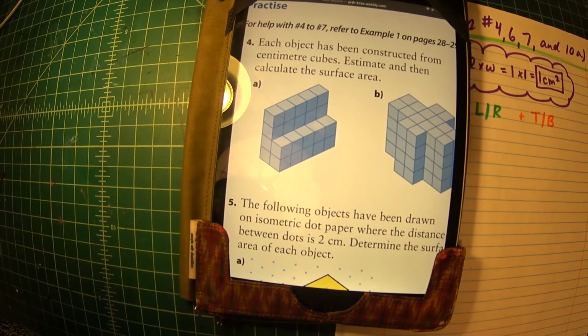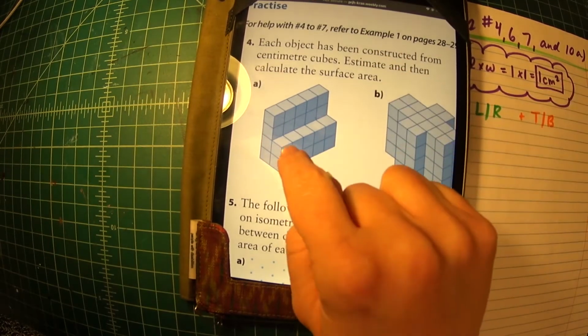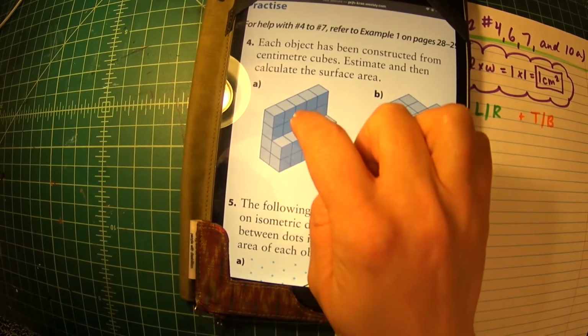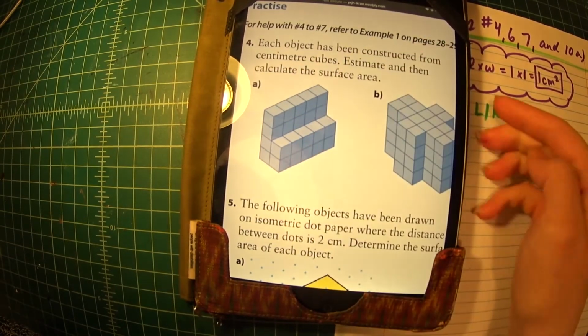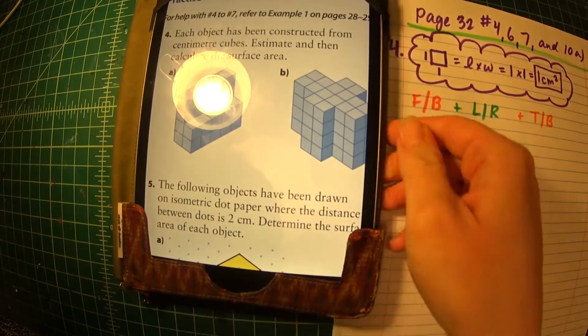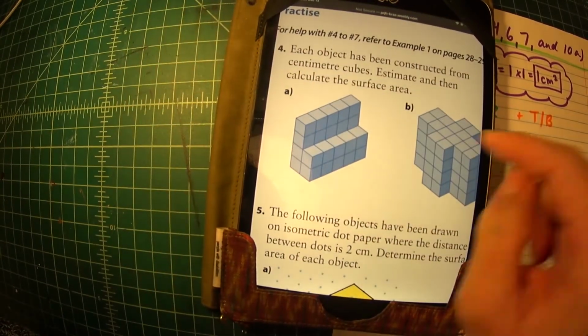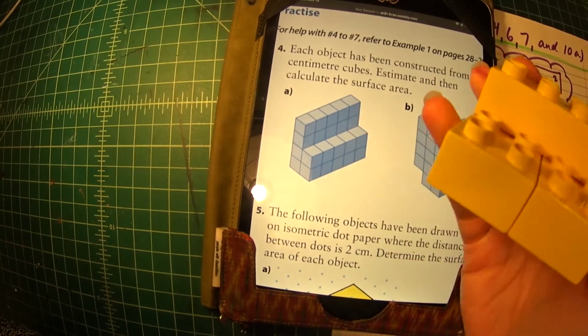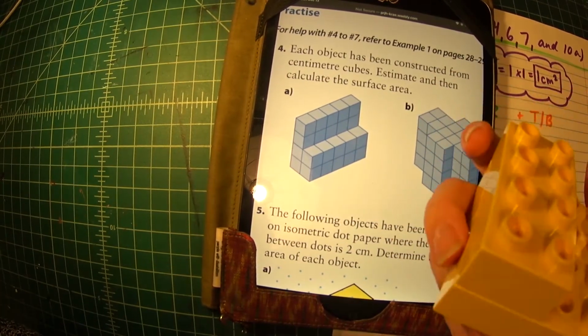what you designate what. So I'm just going to call this darker blue shaded region my front, and then the one opposite to it will be the back. If I imagine that I am looking straight on at that, it's very similar to this model that I made, the little staircase model.